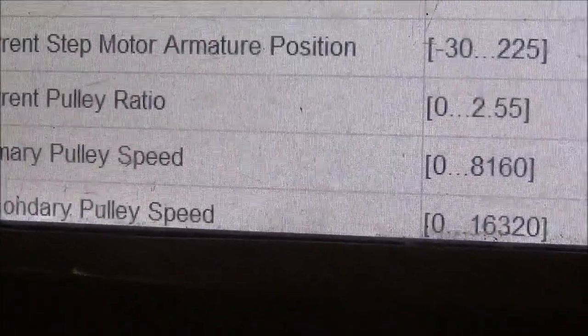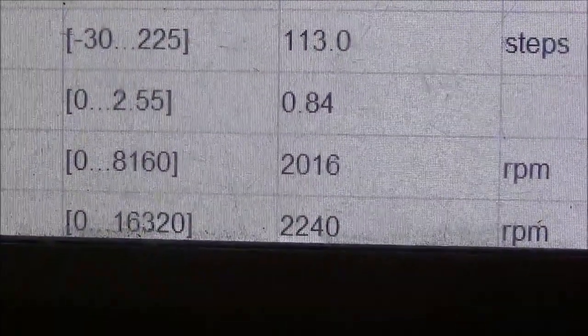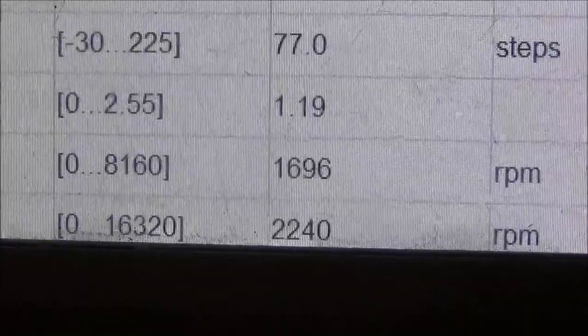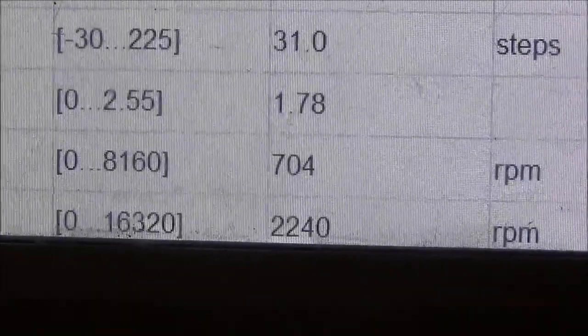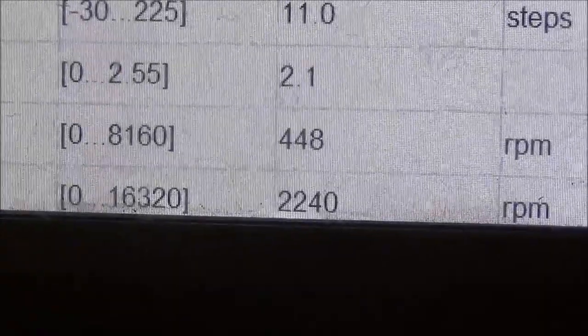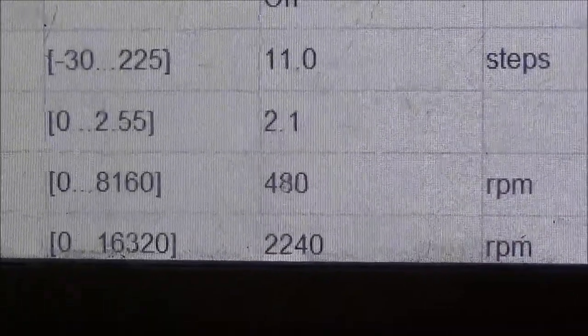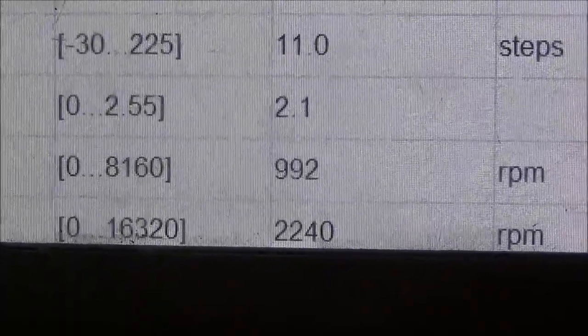Now it says the secondary pulley speed has gone up. I don't have any understanding why the secondary pulley speed was even moving, because the belt is broken.